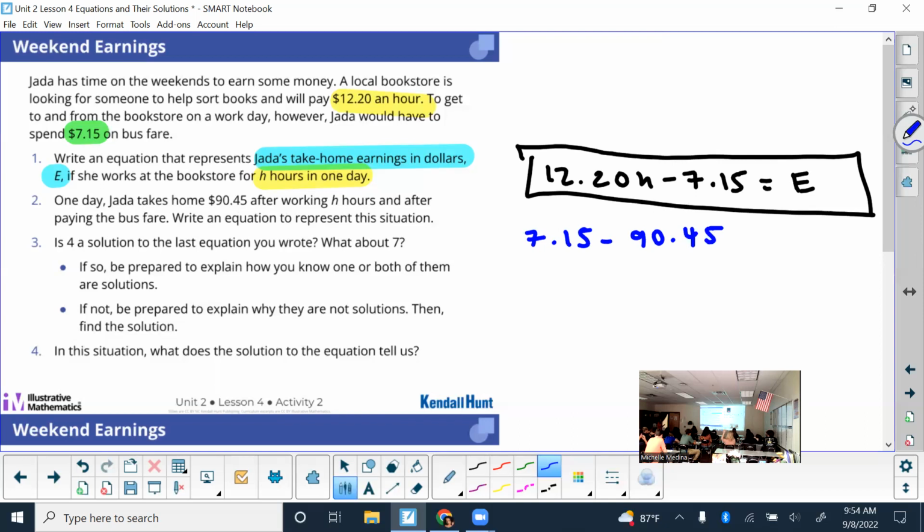What else do we think? Any other answers that we have out there? Amari?